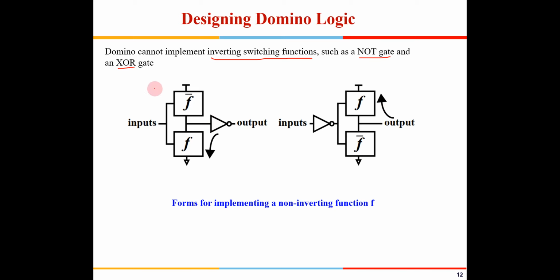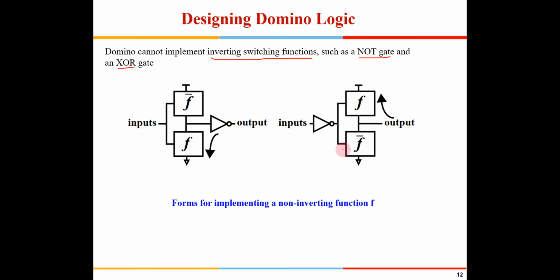So this is one way of implementing a non-inverting function, or you can implement a non-inverting function like this also. You invert the inputs and you implement an F bar here and F out here, right? So these are the two methods of implementing a non-inverting function.